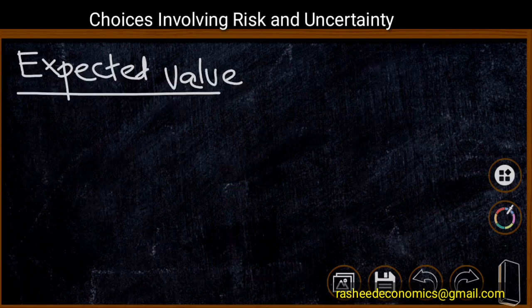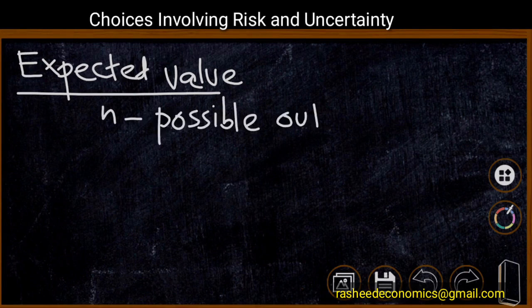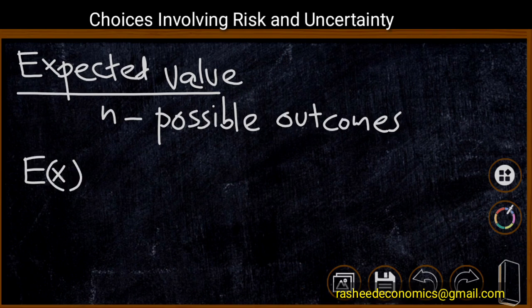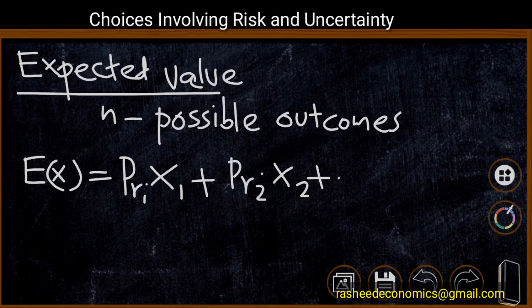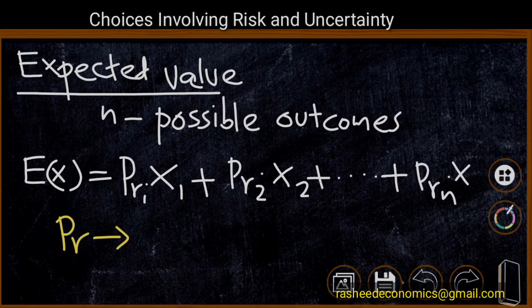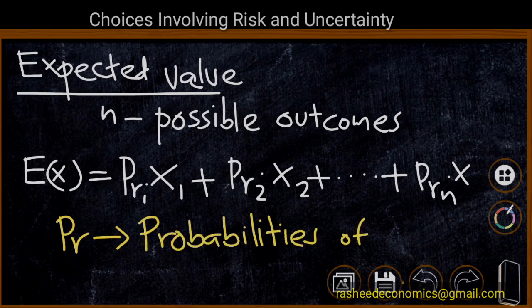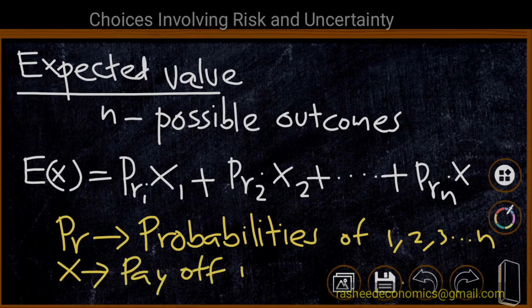Therefore, we can generalize the equation of measuring expected value. Suppose there are n possible outcomes, then expected value is equal to probability of 1 into x1 plus probability of 2 into x2 plus and so on, up to probability of n into xn, where PR denotes the probabilities of events 1, 2, 3, up to n, and x1 to xn denotes the payoffs of 1, 2, 3, 4, up to n.